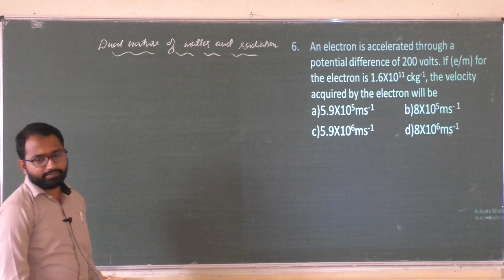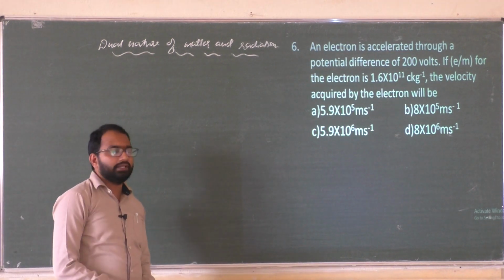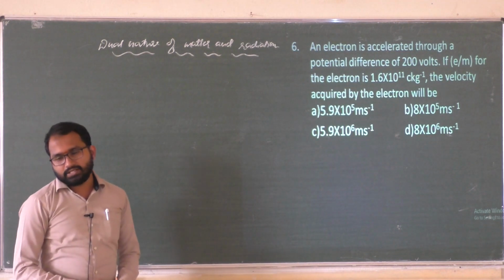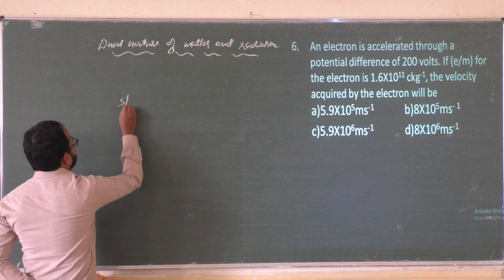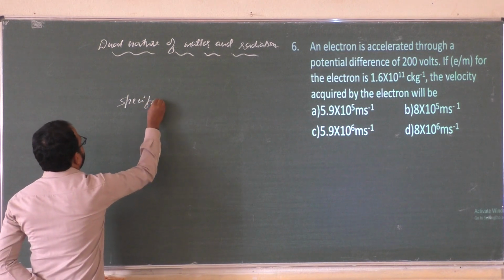What do you mean by e by m ratio? If you calculate the charge to mass ratio, it is called the specific charge of that particular particle.